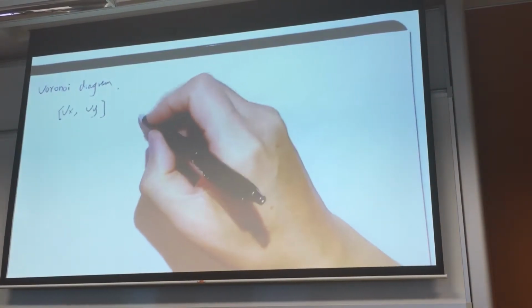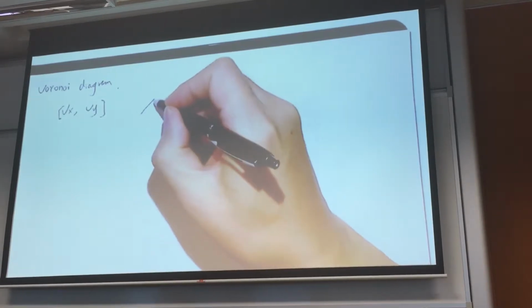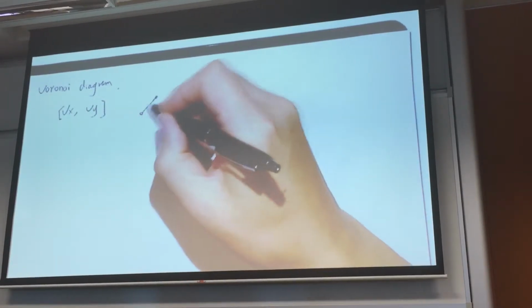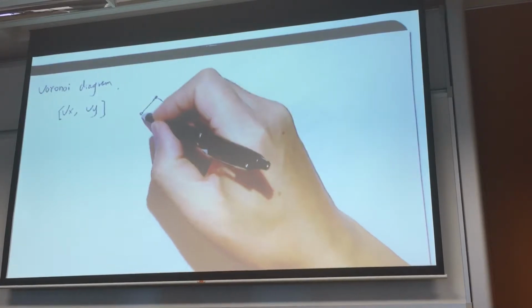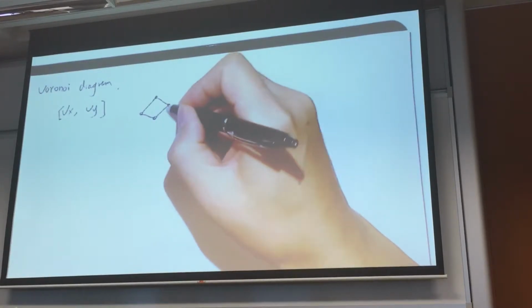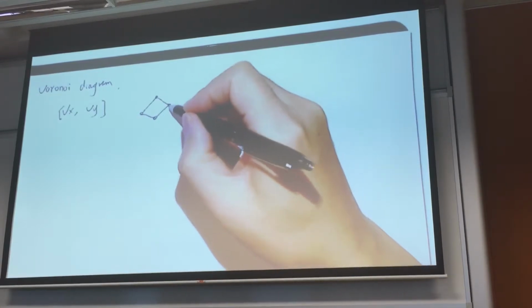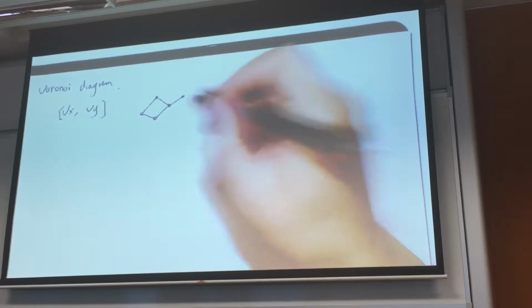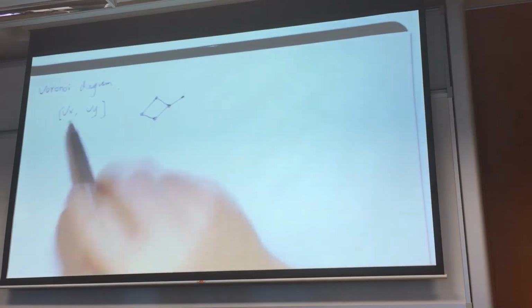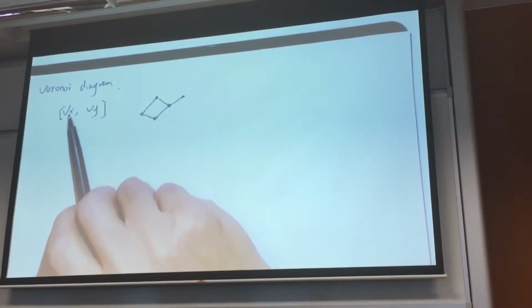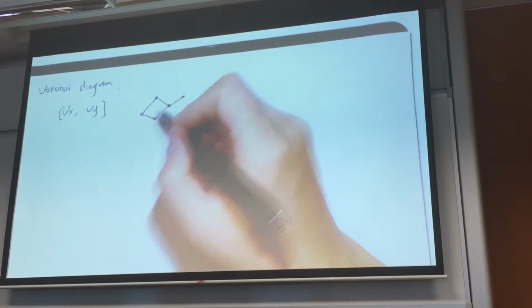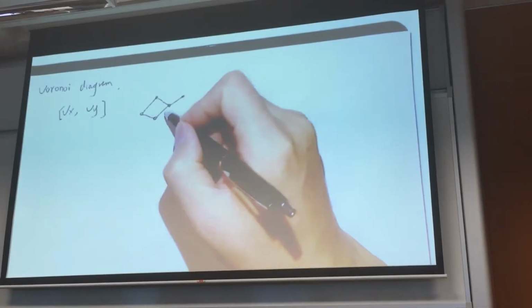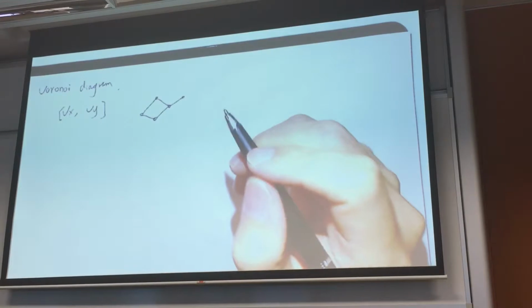Remember, we got something from the Voronoi diagram, some discretized segments like this, and the two matrices, Vx and Vy, will give you all the coordinates of the nodes in the Voronoi diagram.